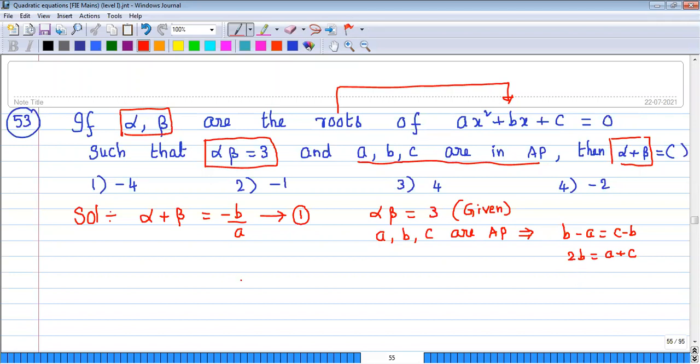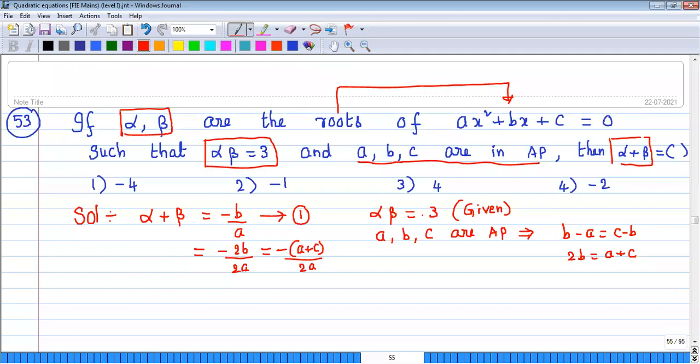So now we can write here, multiply minus b by a, both numerator and denominator, with 2. So this we can write minus 2b upon 2a. So in the place of 2b, what do we write now here? a plus c we can write. Minus of a plus c upon 2a.